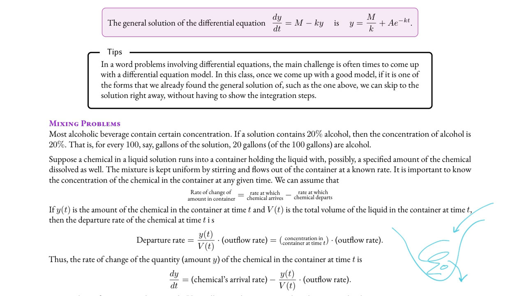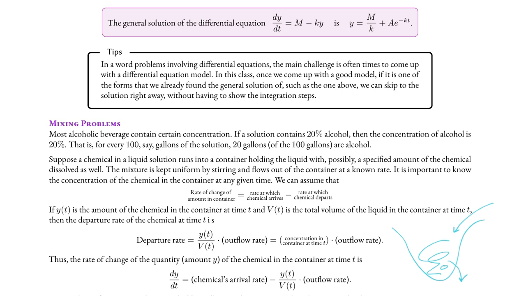Take alcohol, for example. If a solution contains 20% alcohol, then the concentration of alcohol is 20%. That is, for example, for 100 gallons of the solution, 20 of the gallons are actually alcohol.